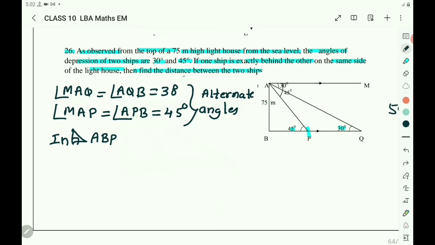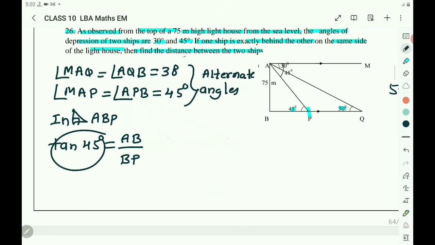Then write which trigonometric ratio we have to use. Tan 45 degree is equal to opposite side AB by adjacent side BP. Then what is the value of tan 45? Tan 45 is 1. AB is 75 by BP. 1 into BP is BP. BP is equal to 75 meter.